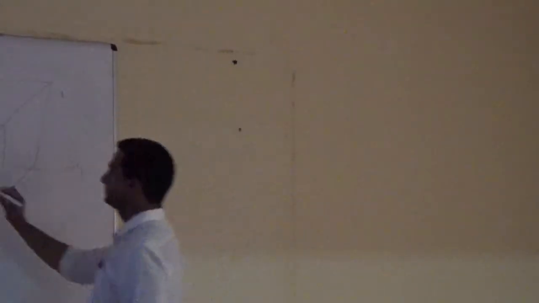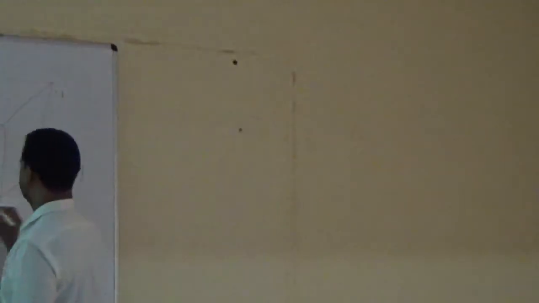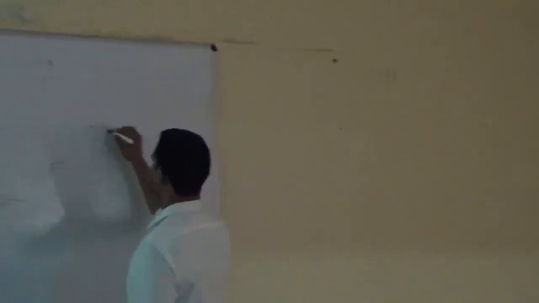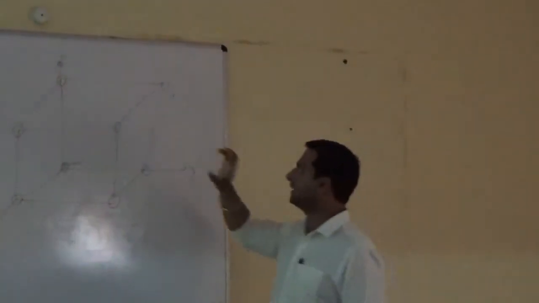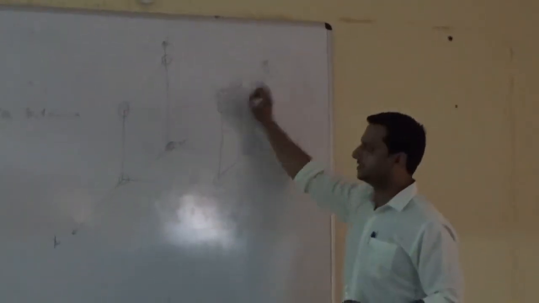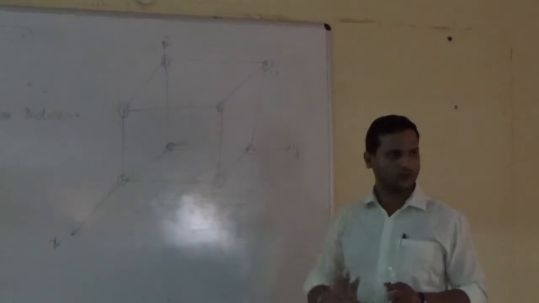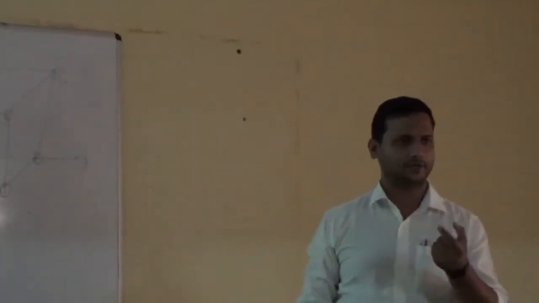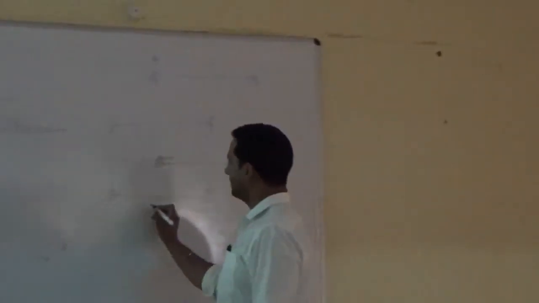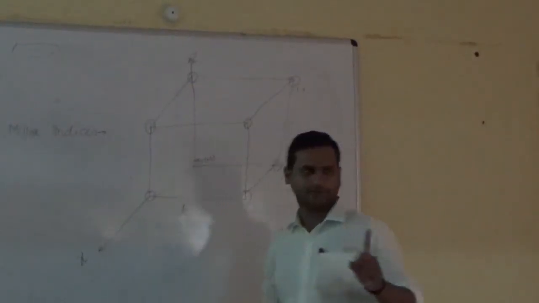So this is our reference point, and he wants to know the position of this atom based upon it. For a unit cell, he considers that the length of this is 1 unit.